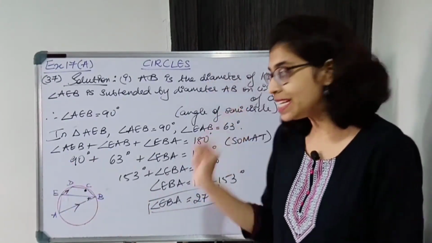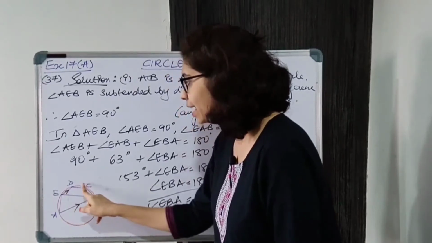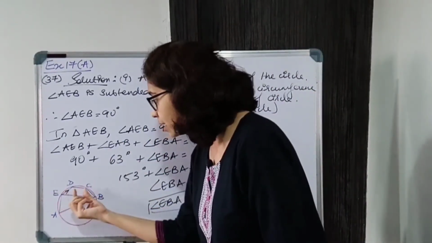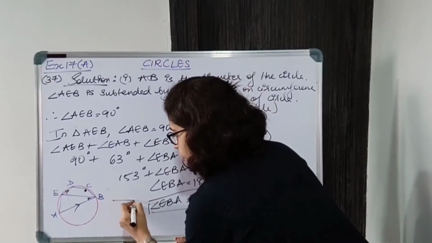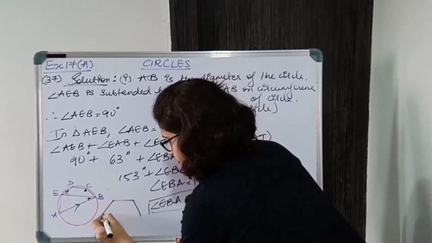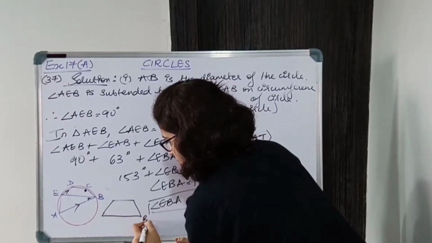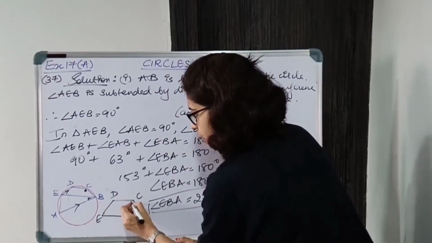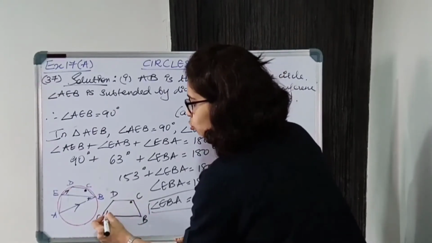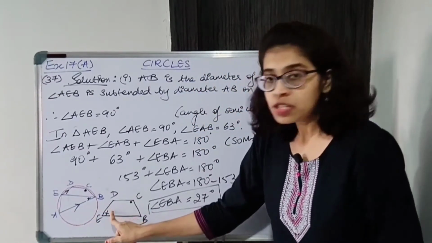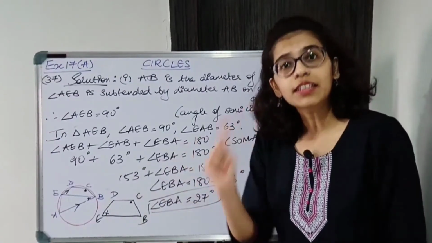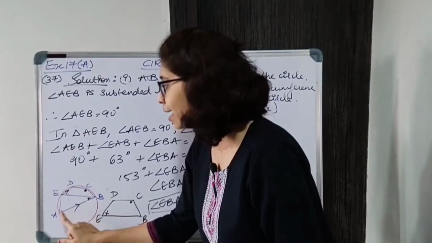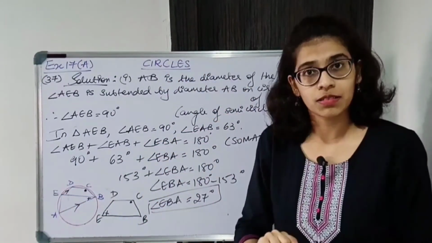Now we have to find angle BCD. Now students, BCD के लिए we'll consider this cyclic quadrilateral. Cyclic quadrilateral के लिए मुझे इसका opposite angle, I'll draw the quadrilateral once again. Okay, B, C, D, E. I need to find this angle, and this angle के लिए I need to know the opposite angle. Opposite angle मैं find कर सकती हूँ. Angle DEB and EBA, they are forming alternate angles.